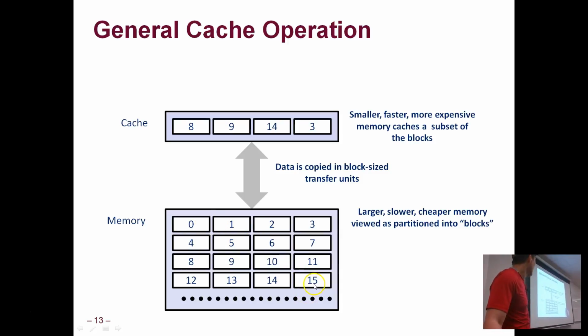When we want to access a block, say block 4, we'll first look into the cache and see if block 4 is there. And if block 4 isn't there, then I will bring it up and replace an entry in the cache.